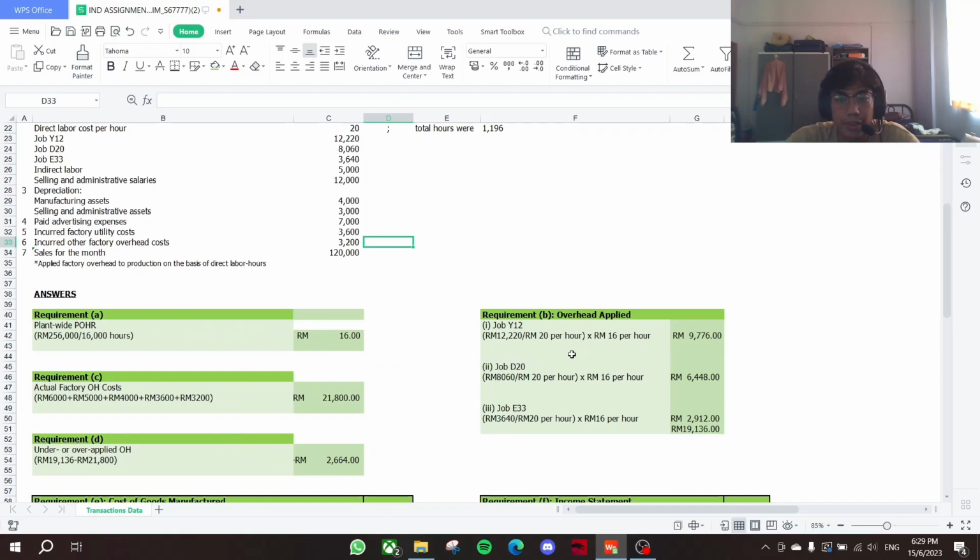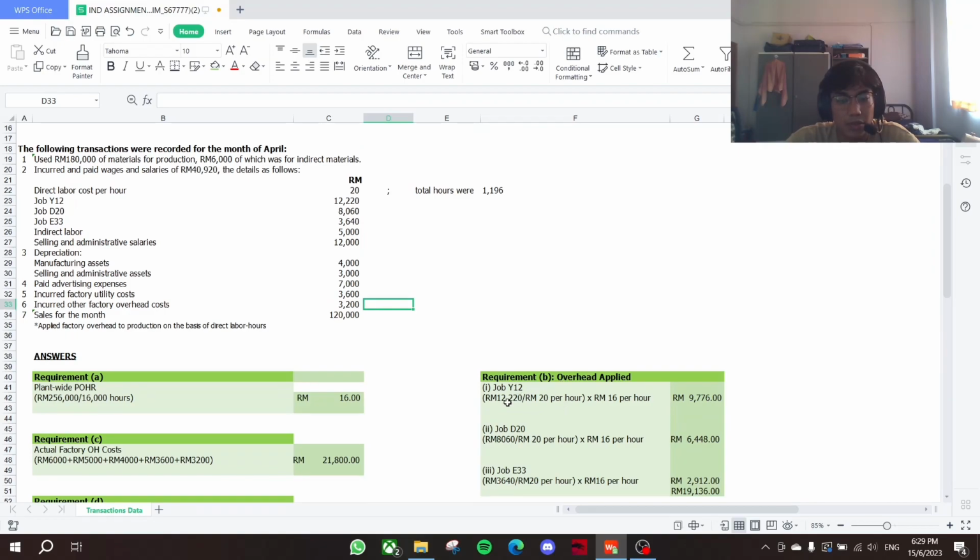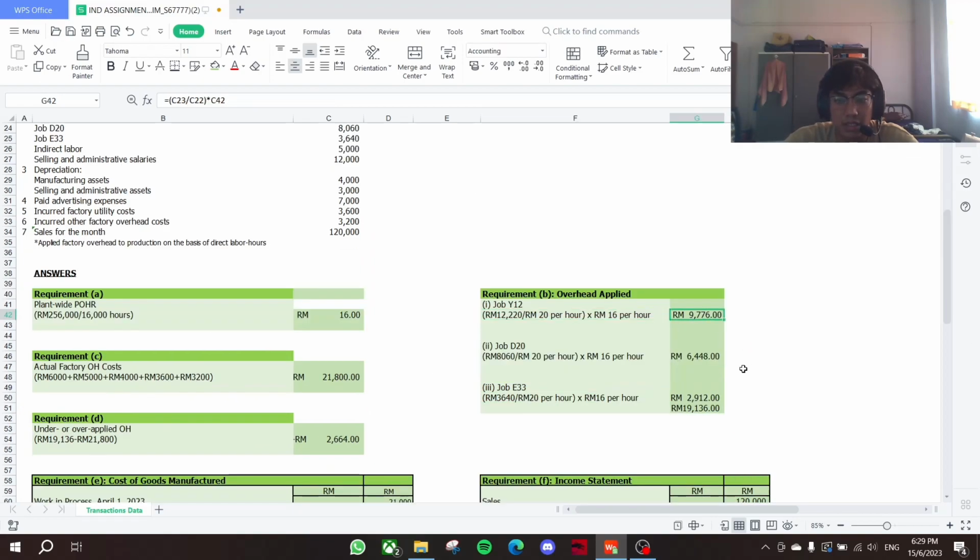So for overhead applied to get job Y12, we have to get the information from the question, which is 12,220, and then we divide by 20 ringgit per hour as it shows here, and then we multiply it by 16 ringgit per hour, because to get the overhead applied we have to multiply actual by the predetermined overhead, and then we got 9,776 ringgit.